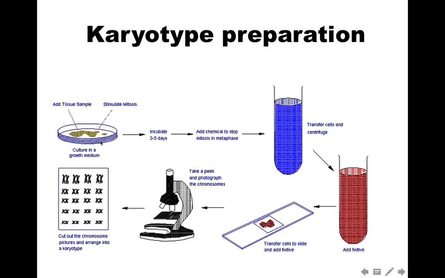So the cells will be grown in culture medium, having nutrients and a stimulant to divide. They are incubated for 2 or 3 days at 37 degrees centigrade in an incubator supplied with 5% carbon dioxide.